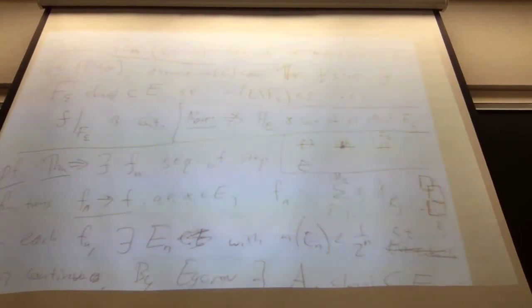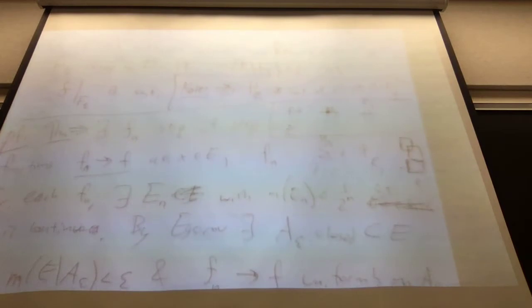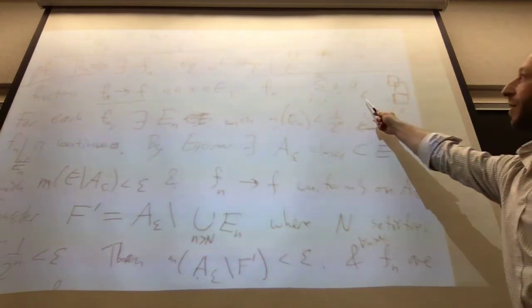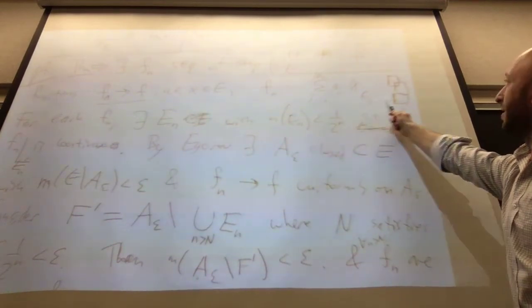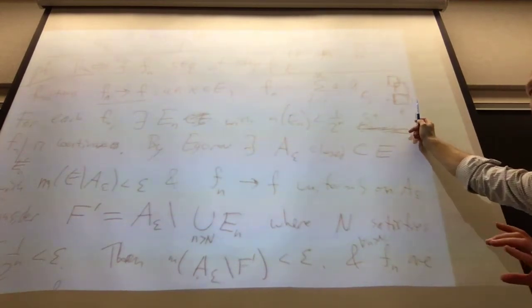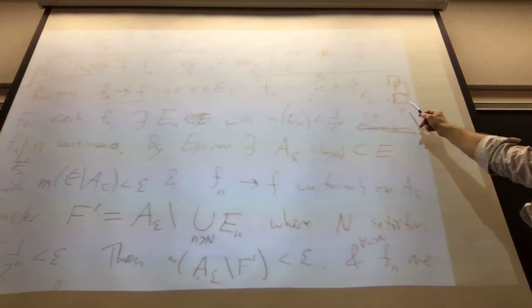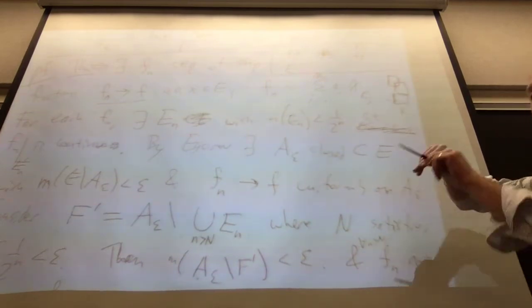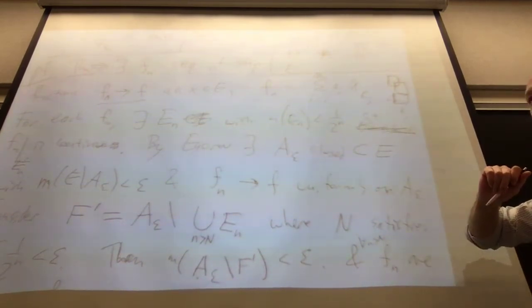Yes? I'm not understanding exactly how the capital En's are being chosen. How the capital En's are being chosen. So each function is a simple function, a step function. So I have a bunch of rectangles, a finite number of rectangles. And the step function is continuous outside some epsilon thickening of the boundary of those rectangles.